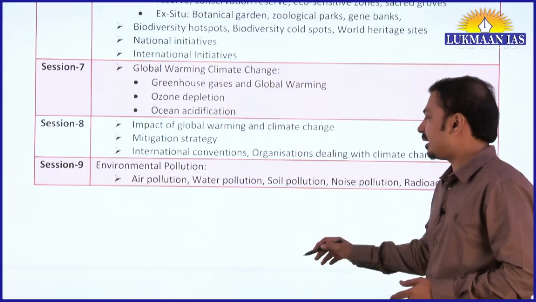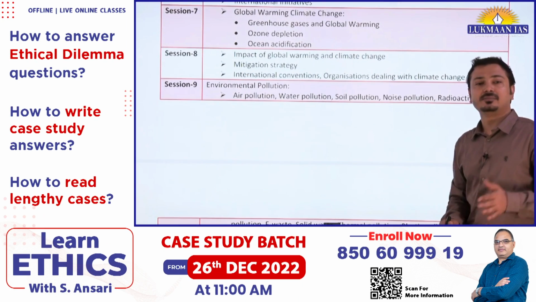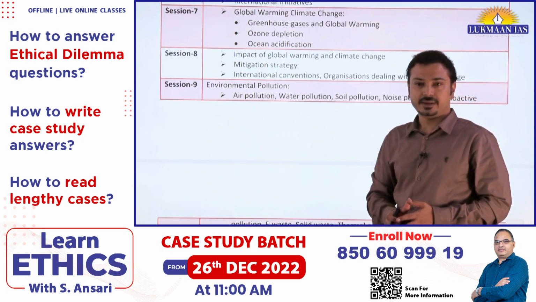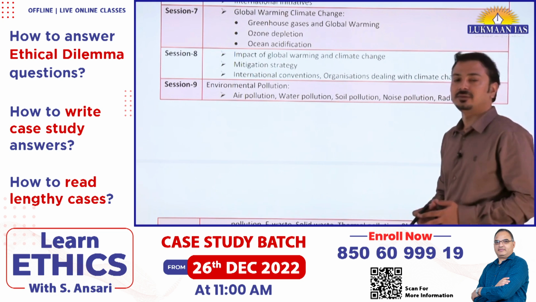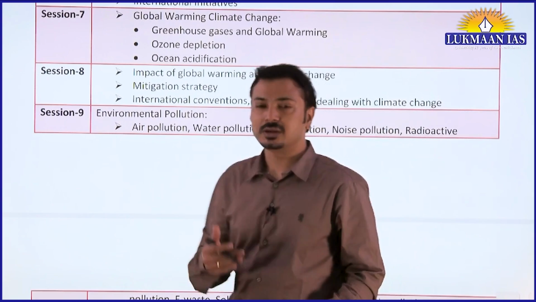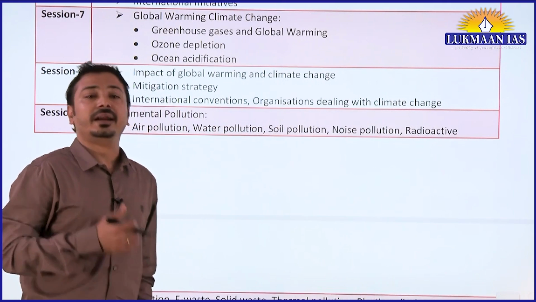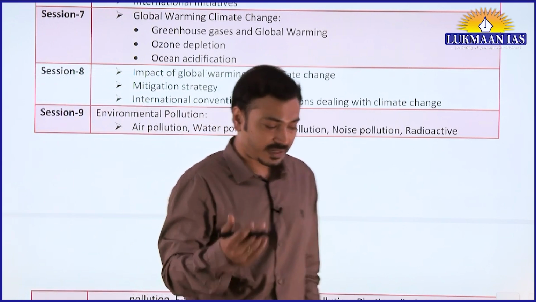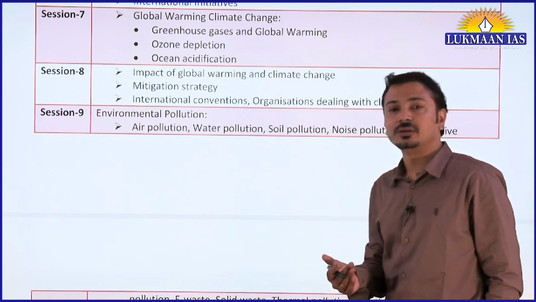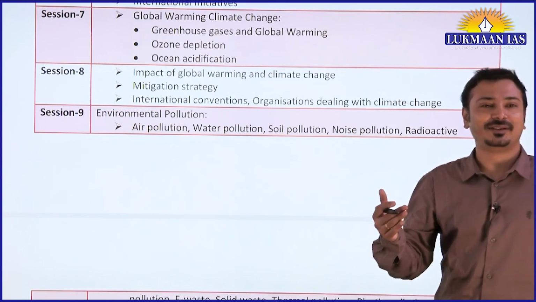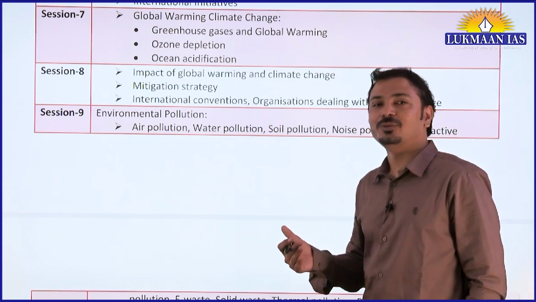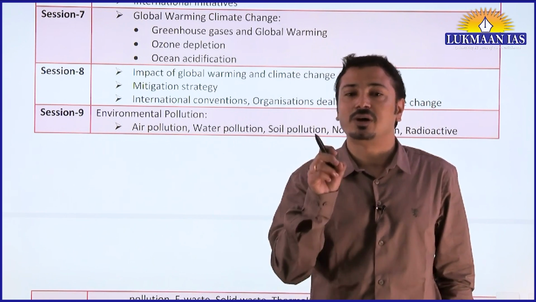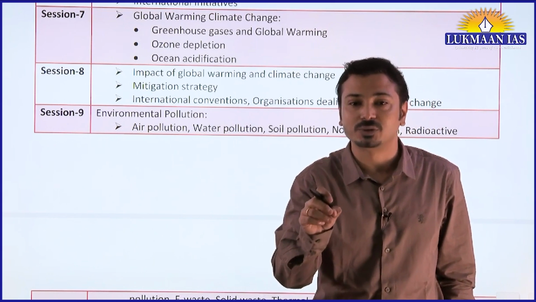Then thereafter, the third important aspect in the environment section is environmental pollution. Different types of pollution including air pollution, water pollution, noise pollution, radioactive pollution, electronic waste, solid waste, plastic pollution, marine pollution, इतने सारे pollution हैं, ठीक है. तो अब हम pollution में क्या पढ़ेंगे? In pollution we'll learn about the causes and sources of pollution.